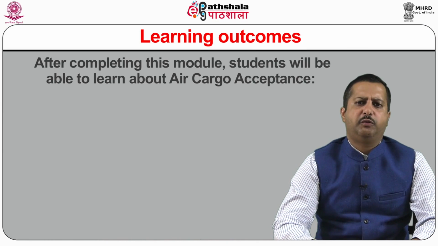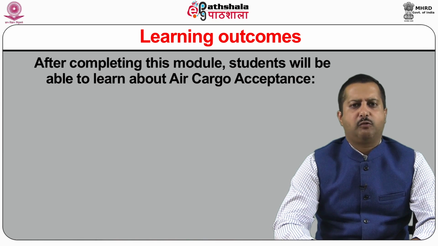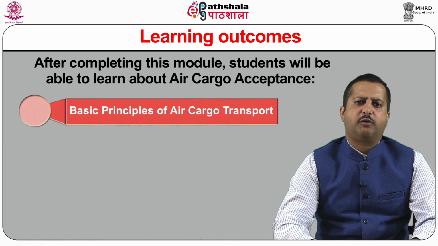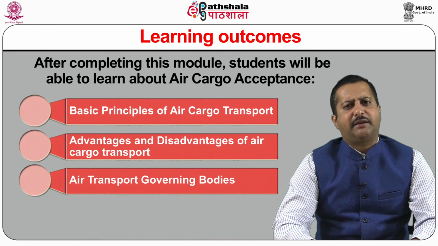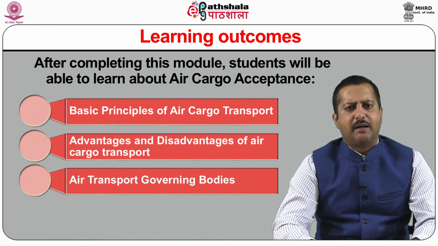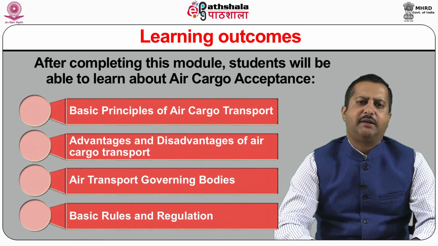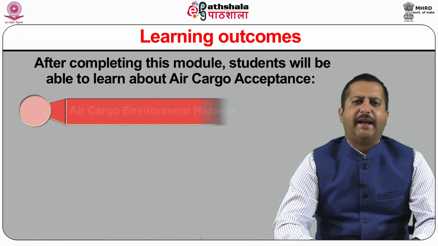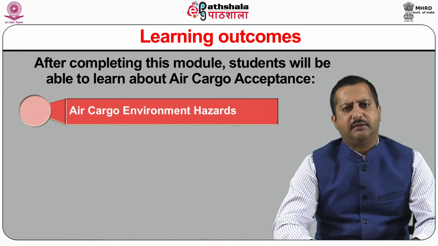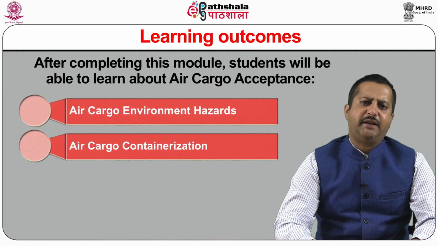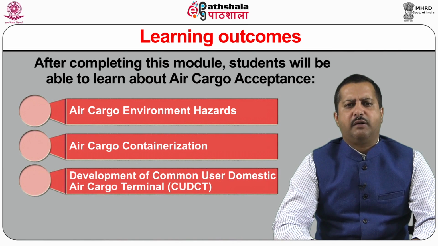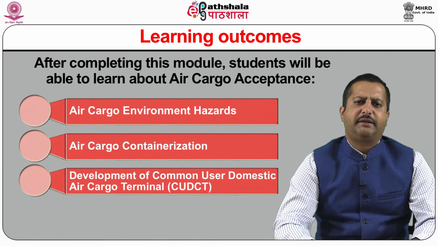After completing this module, the students will be able to learn about basic principles of air cargo transport, advantages and disadvantages of air cargo transport, air transport governing bodies, basic rules and regulations, air cargo environment hazards, air cargo containerization, and finally development of common user domestic air cargo terminal, that is CUDCT.